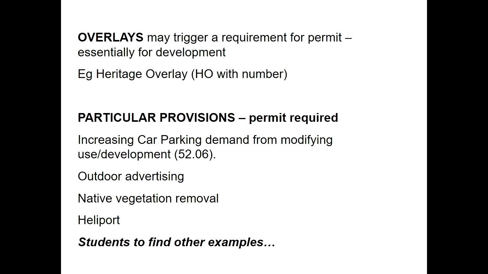And in some locations, people want to drive their cars there. So if you go and look at 52.06, that's the clause in the planning scheme, you will see that there are certain requirements for a permit, and that generally speaking, there are certain ratios per floor space that must be met. So that's one example.